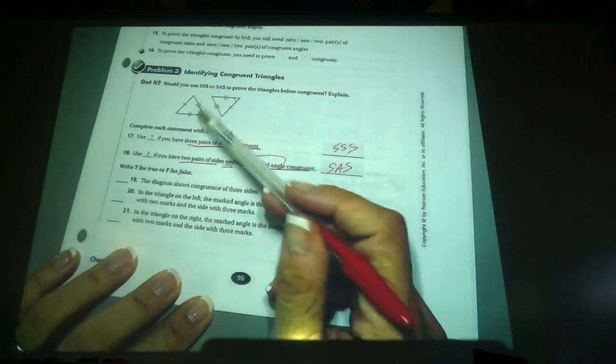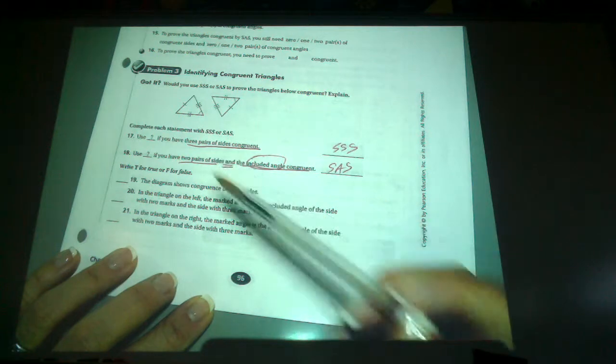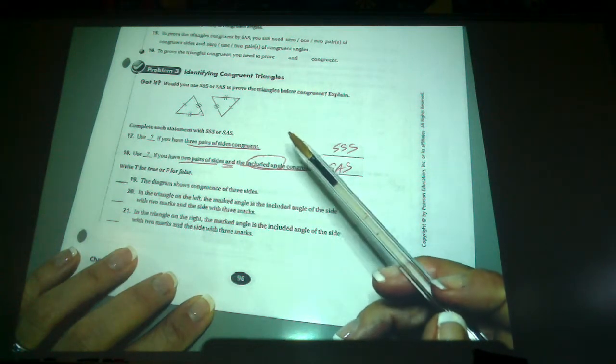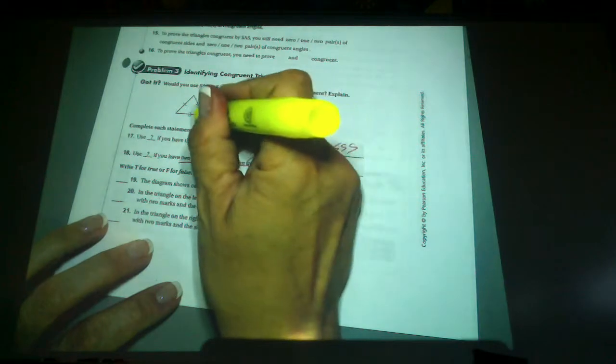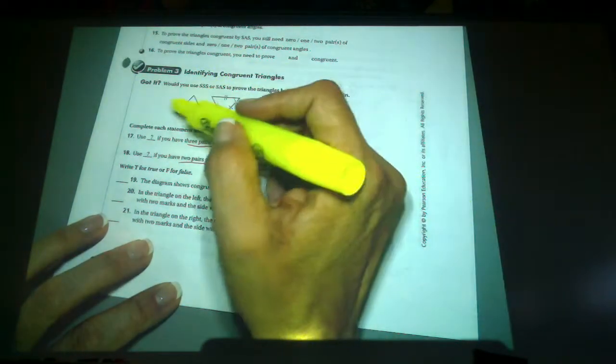So here, obviously the three sides are going to be your SSS. What sides are going to be your SAS? The single, double, or triple tick mark sides. What sides include that angle that's right here? The single and the double? The single and the double include the angle?